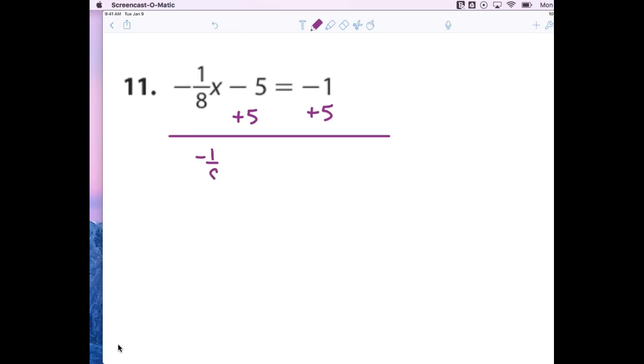Wow, good job, kiddo. Negative 1/8 x equals 4. Good job. Times negative 8. Very, very good. That's how smooth it should be.